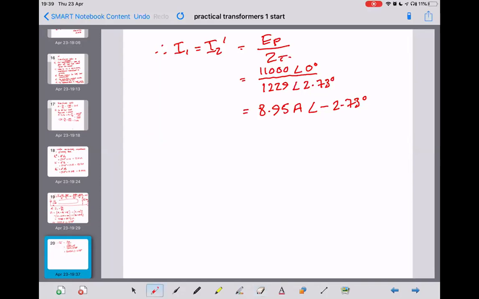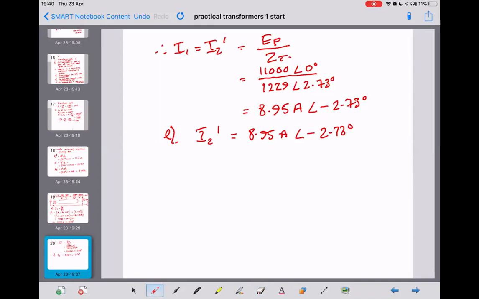Right, so part E said, I can't remember, secondary current under the same conditions. So what we've got to do now is, we know the secondary current transferred to the primary. We know I2 dash is equal to this 8.95 amps angle minus 2.73 degrees.